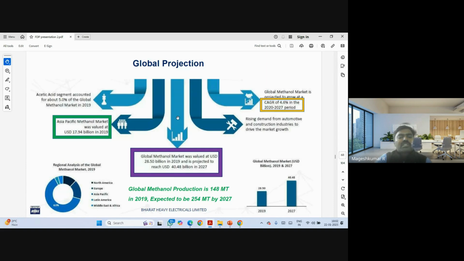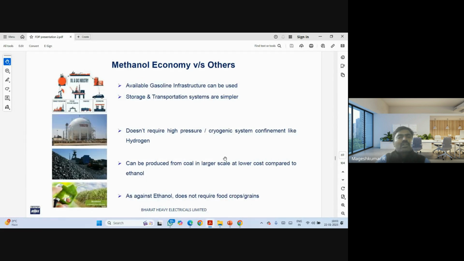Then a global projection with respect to methanol requirement and how much it would be. Globally, the methanol market is around $17.94 billion of business, and a CAGR, the growth rate, of 4.6% was predicted. The global market is continuously growing with respect to methanol requirement as well as usage. So the methanol economy, as well as others.